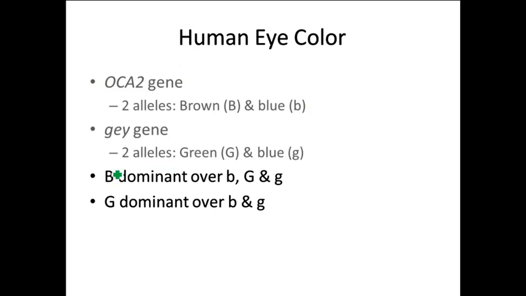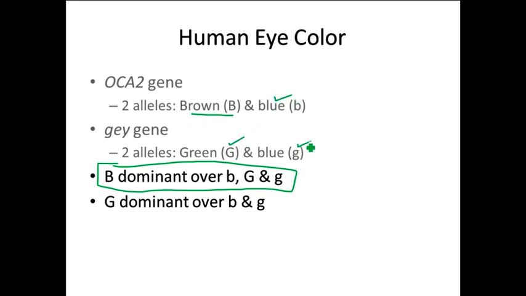And the key to understanding how these interact is that, one, the big B brown is dominant over everybody else. So dominant over little b, dominant over big G, and dominant over little g. That means if you have this big B allele, you just need one copy of it and you're going to have brown eyes.